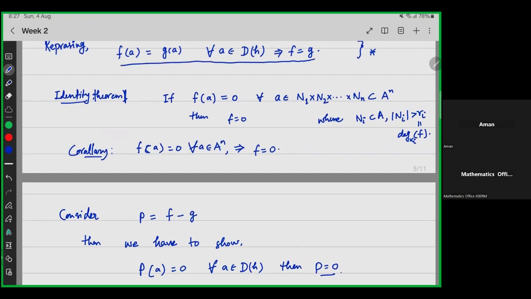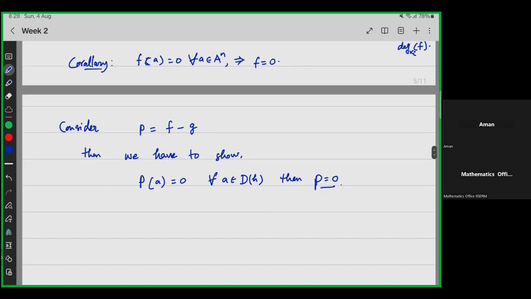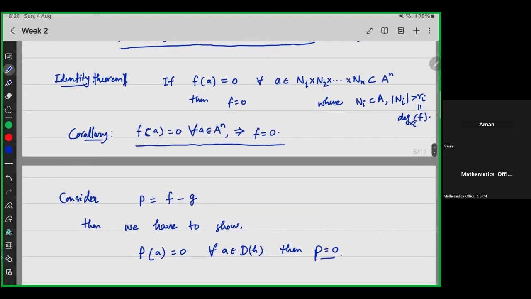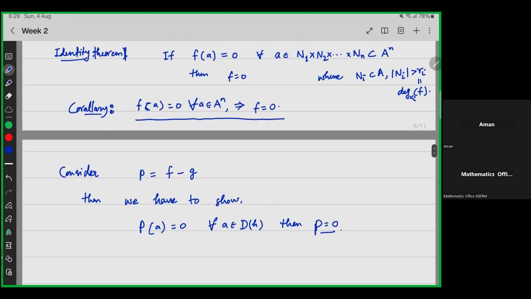This is the reframed question, and we want to use the identity theorem. What the identity theorem tells is written here, but we use this corollary, which is a direct consequence of it: if f(a) is equal to 0 for all a belonging to A^n, then f is equal to 0.